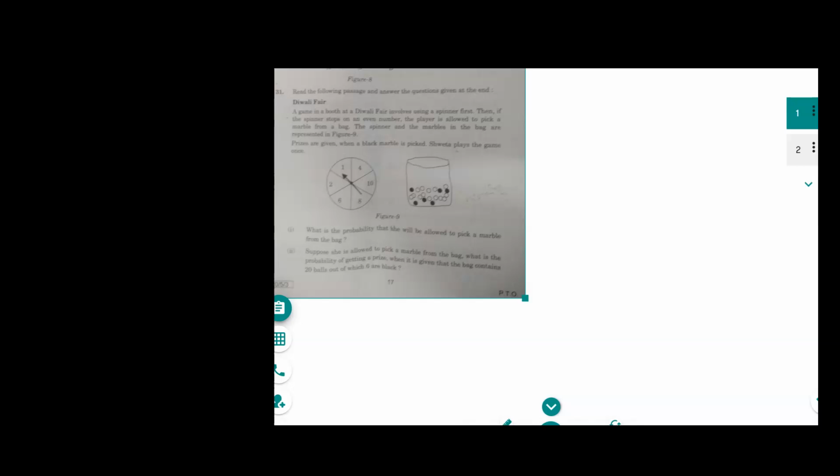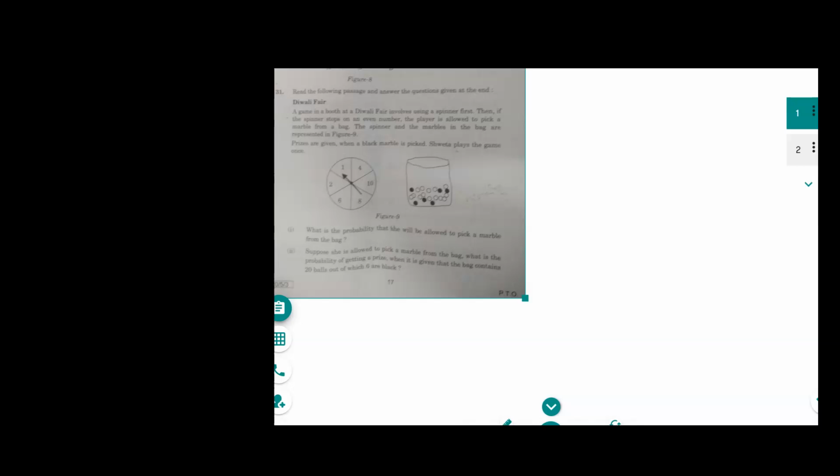Prizes are given when a black marble is picked. Shweta plays the game once. What is the probability that she will be allowed to pick a marble from the bag? The second subdivision says, suppose she is allowed to pick a marble from the bag, what is the probability of getting a prize, given that the bag contains 20 balls of which 6 are black?